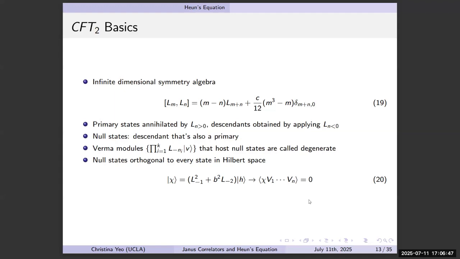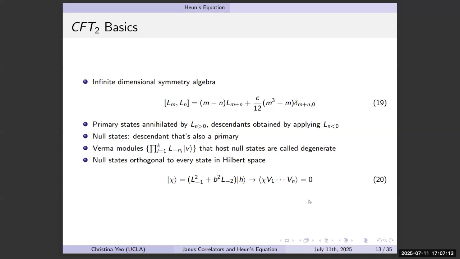Ln is a generator of the CFT, so what is the group of the CFT? Local? She said it's not physical. Yeah, this is a different CFT2. This is not holographic. That is not our CFT2.